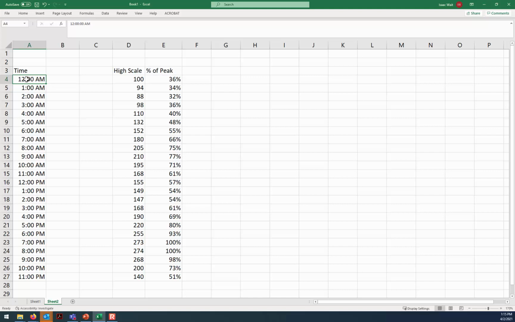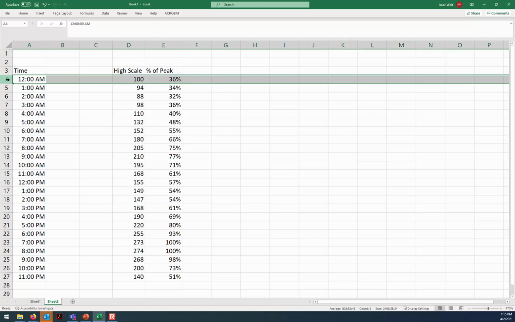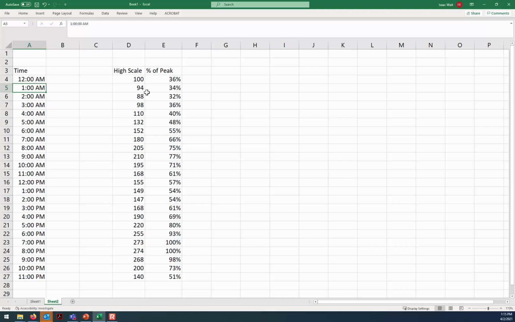So this row represents from midnight until 12:59:59. And then at 1 a.m., this is our flow out percentage.